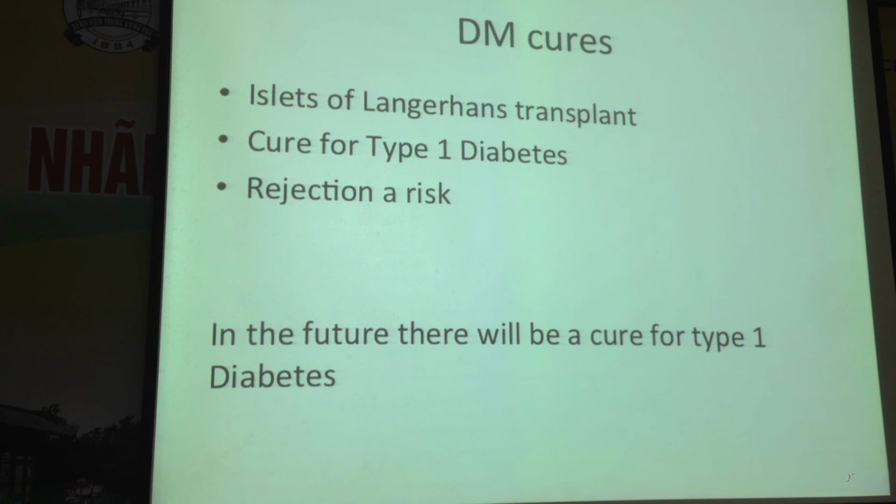So they need to be on anti-rejection medication, which is a disadvantage. Some studies have been done with homologous transplant, and these are quite promising already. So let's see what comes up in the future. I think if we wait long enough, some form of cure will be found for diabetes type 1.